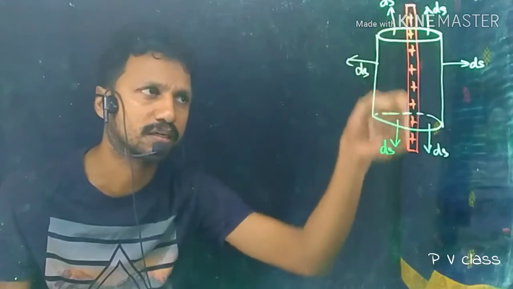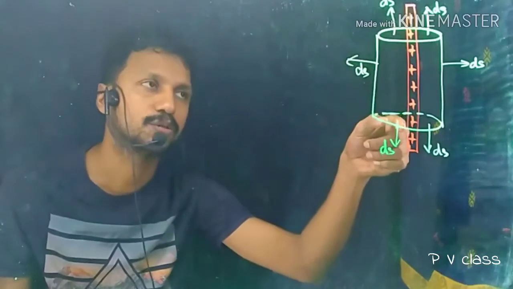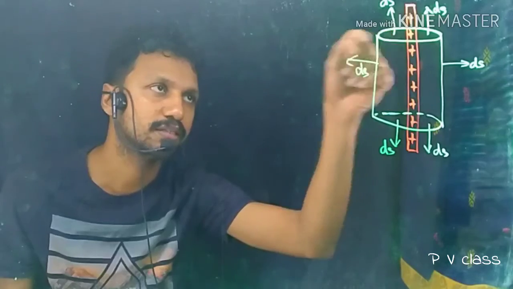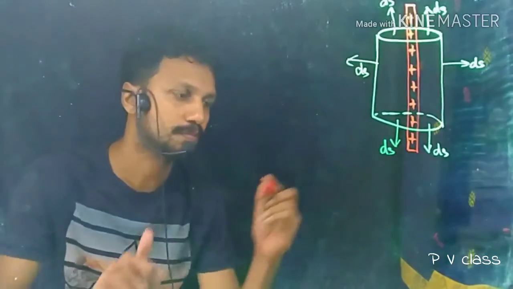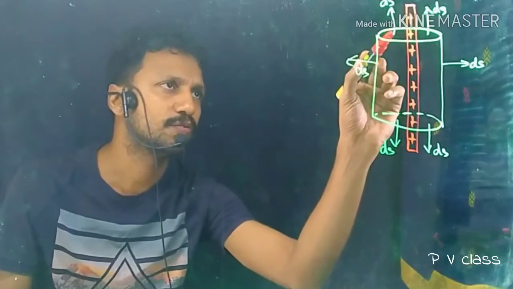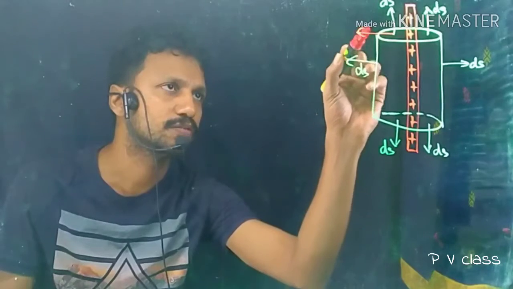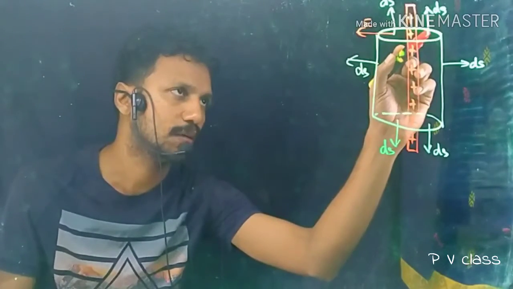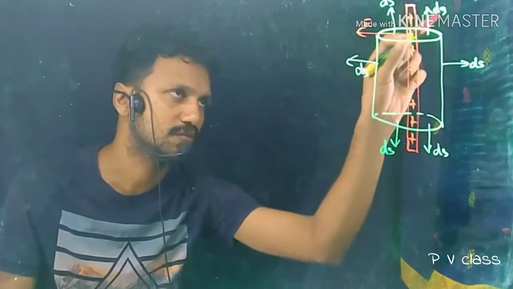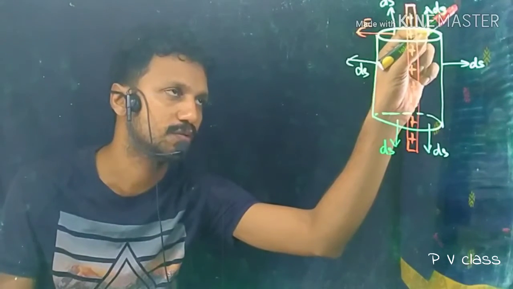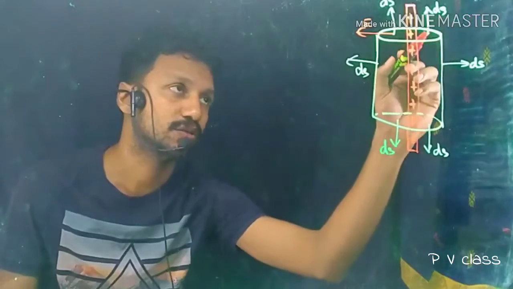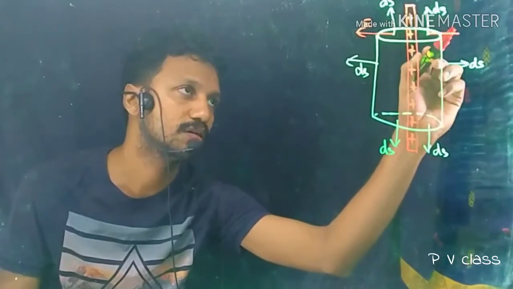Since the conductor is positively charged, there will be a force in this direction. Therefore, the electric field intensity on the upper surface is like this. And on this surface, if I place a positive charge over here, it will experience a force in this direction, so the electric field intensity is like this.